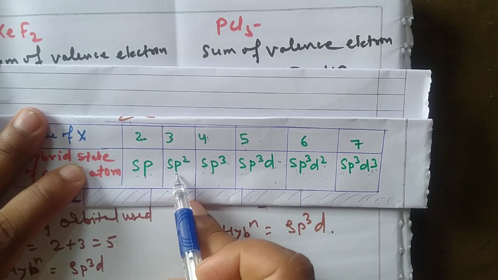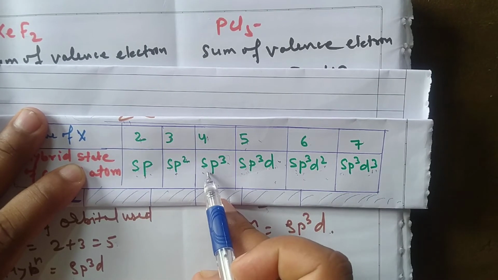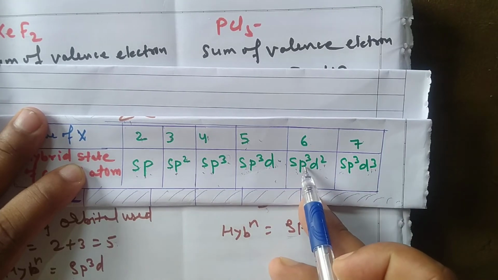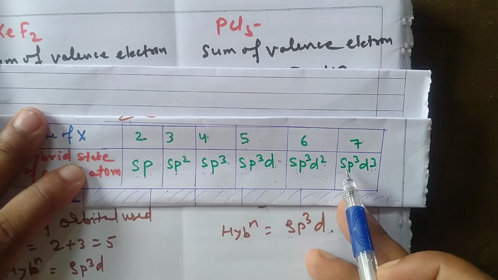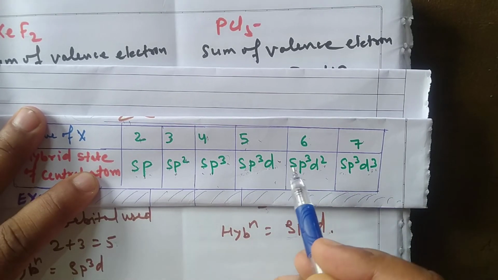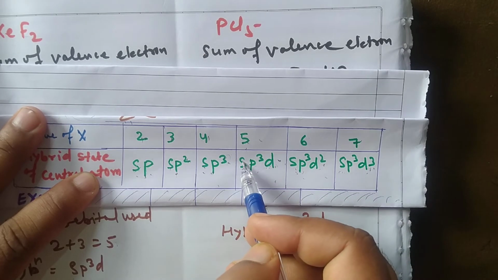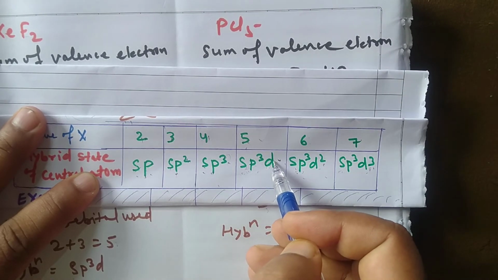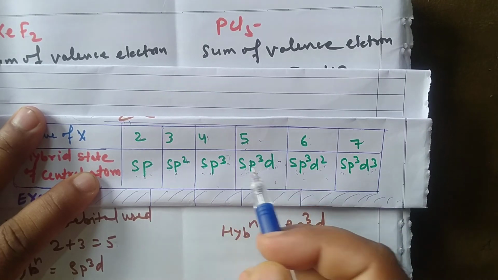Now always keep this chart, and for this method, if the value is 2, sp hybridization; 3, sp2 hybridization; 4, sp3 hybridization; 5, sp3d hybridization; 6, sp3d2 hybridization; 7, sp3d3 hybridization. So simply you can write and count the number of orbitals. One s, three p make 4, and 1 d makes 5. So here 5 is written.